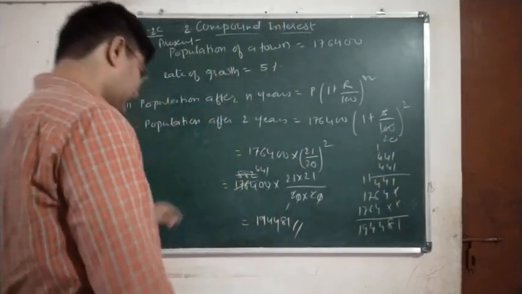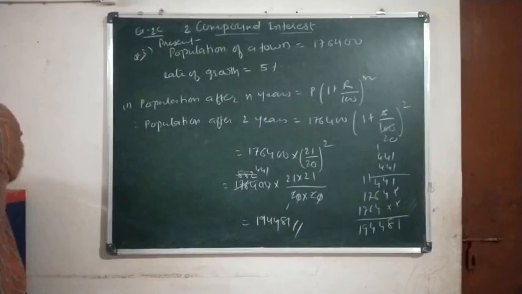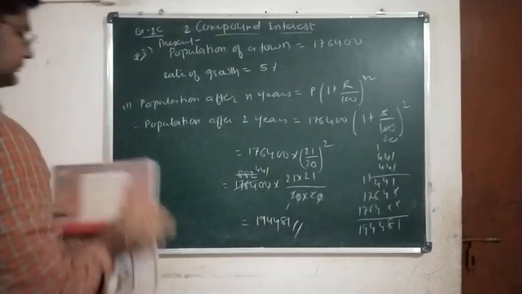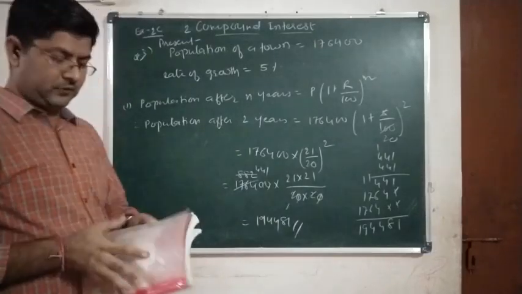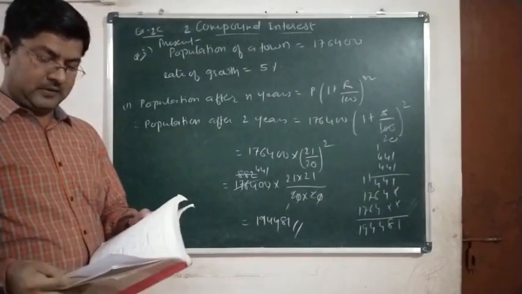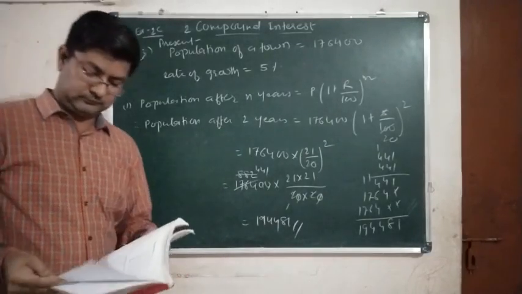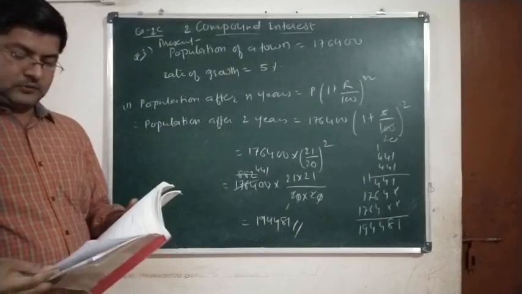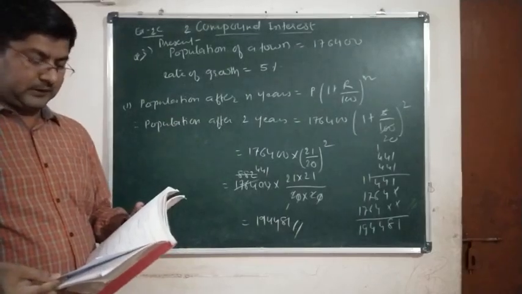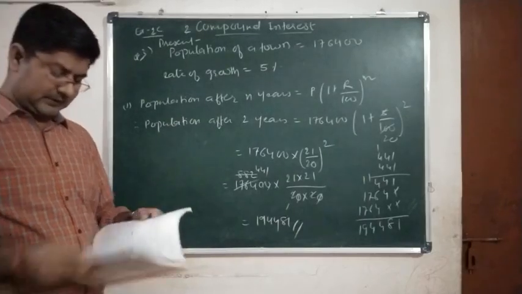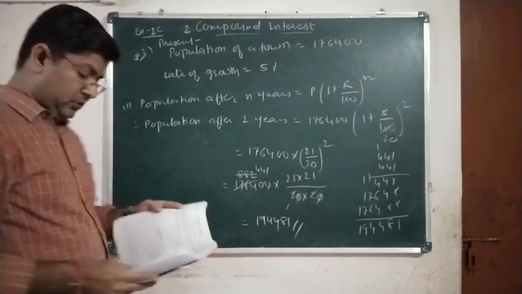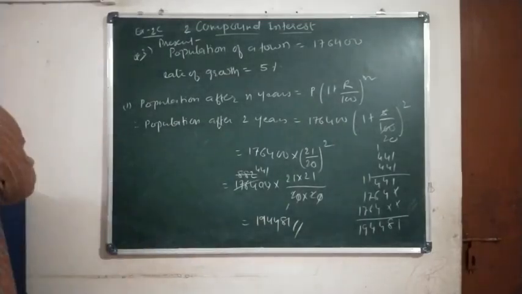This is the population after 2 years, 1,94,481. Now for the second answer we will find out the population 1 year ago.